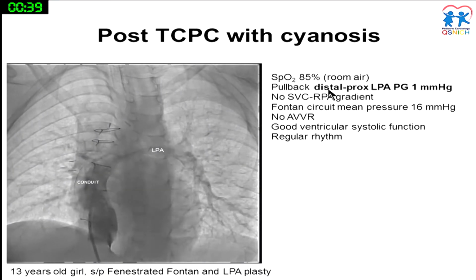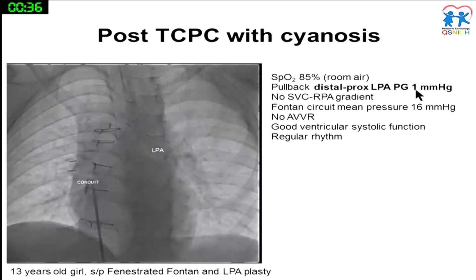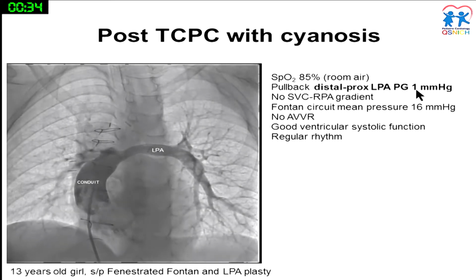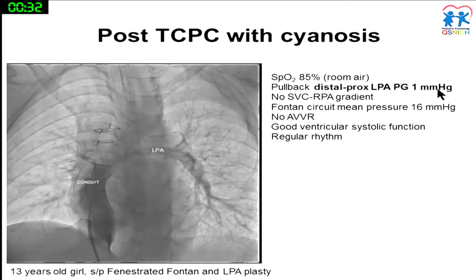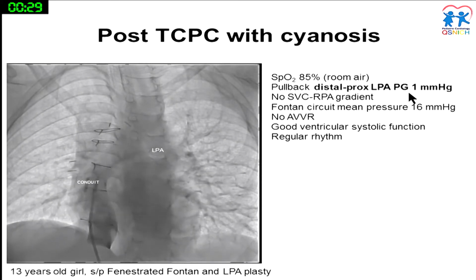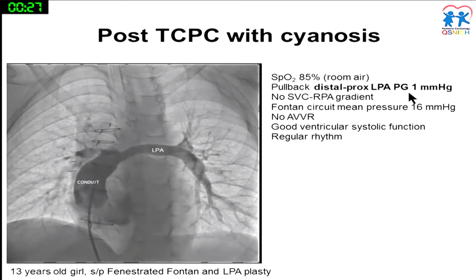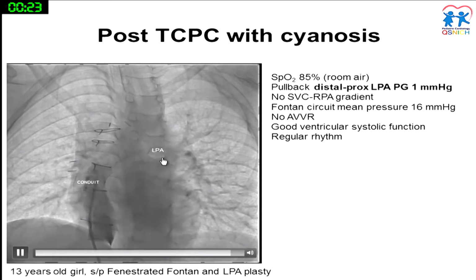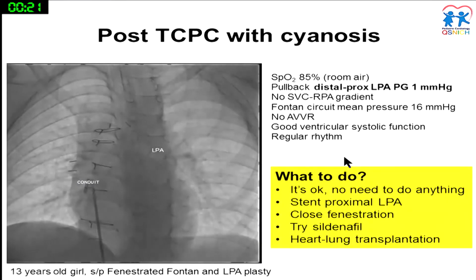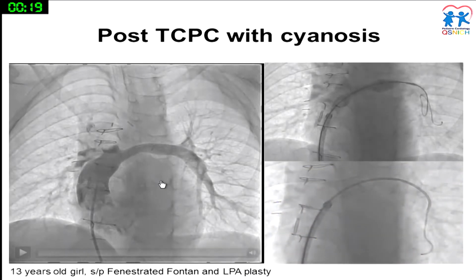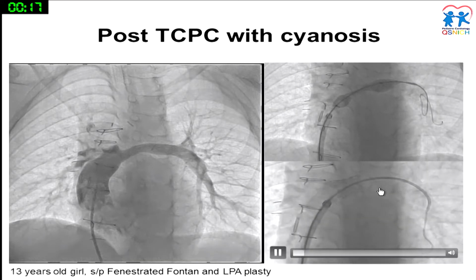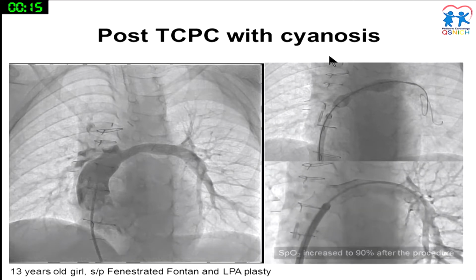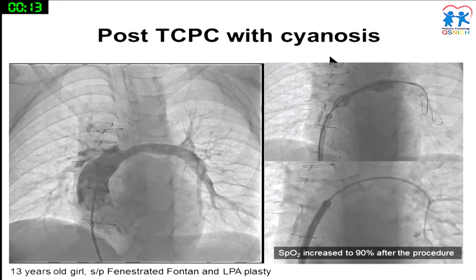But once we do a pullback gradient, as you can see, the gradient is just 1 millimeter of mercury. Somebody may say, well, it should be okay, but I would say that 1 millimeter of mercury pressure difference is quite important for a small, low-pressure system like this. So eventually we decided to put a stent in, and immediately after the procedure, the saturation increased up to 90%.